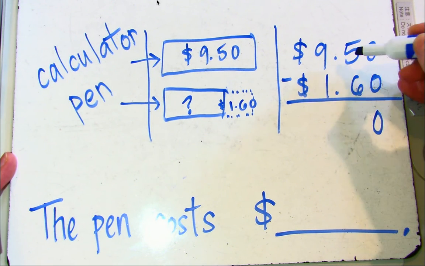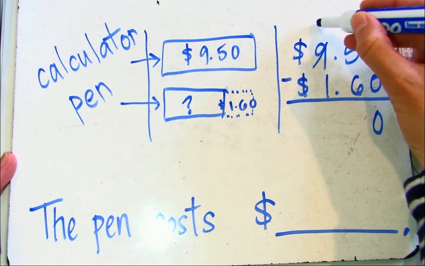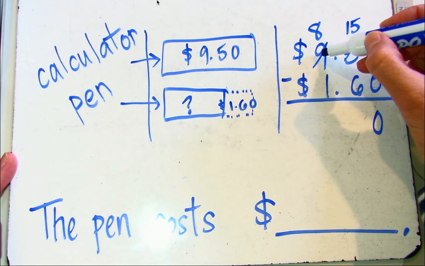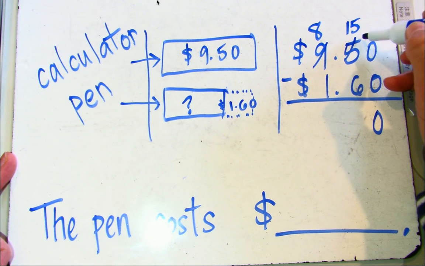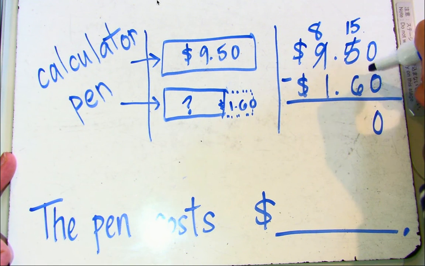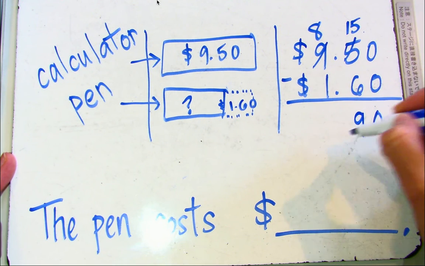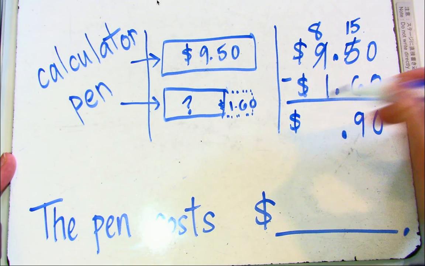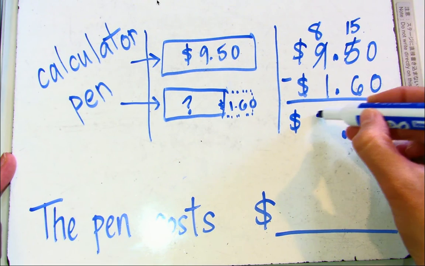I'm going to go next door and do a little renaming here. I'm going to take one of these dollars, 100 cents, and bring it over here. Now my 5 tens becomes 15 tens. And then I can do 15 minus 6 is 9. Got my decimal point and my dollar sign. And then 8 minus 1 is 7.